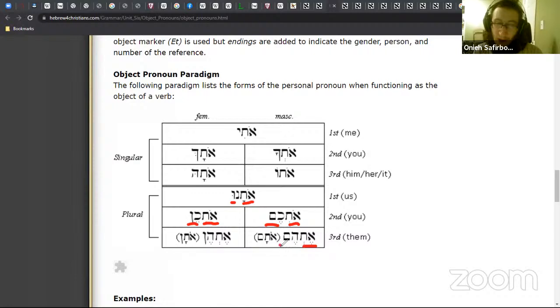Directed at all of those men. All basically at them, men, and at them, women. And it doesn't have to be necessarily men and women. It could be anything that's masculine or feminine in Hebrew language. Yeah, so that is that.